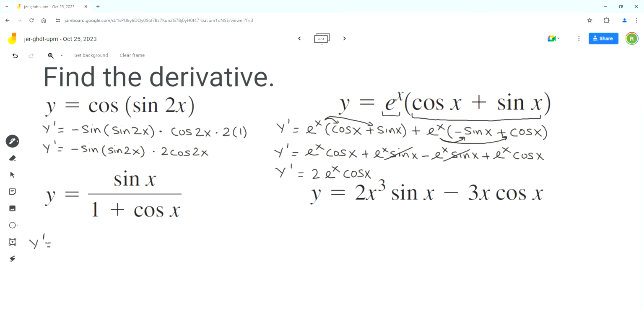The numerator is sine x and its derivative will be cos x times the denominator and minus the numerator times the derivative of the denominator. Now the derivative of 1 is 0 and the derivative of cos x is minus sine x over the square of the denominator.